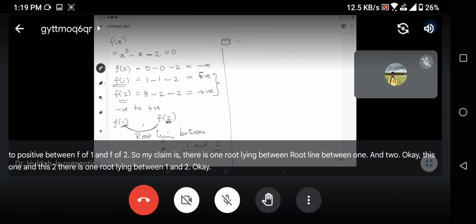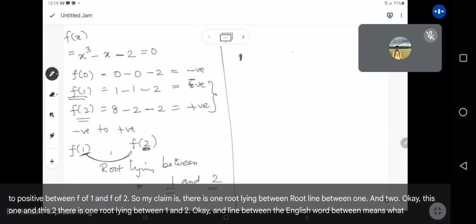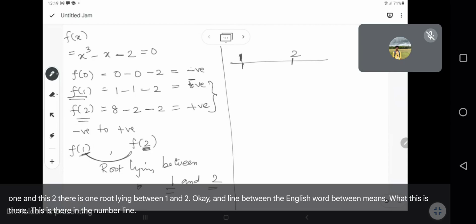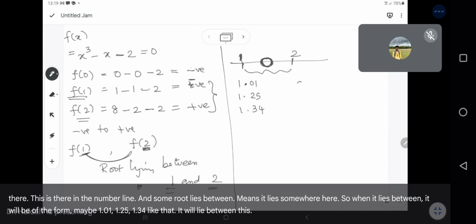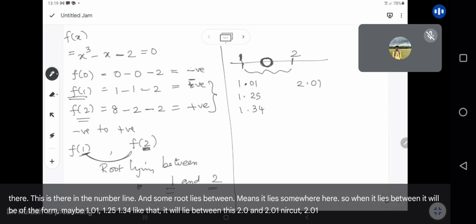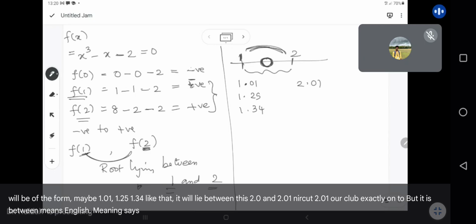The English word between means what? On the number line, if a root lies between, it lies somewhere here. So it will be of the form maybe 1.01, 1.25, 1.34, like that. It will not be exactly 2.